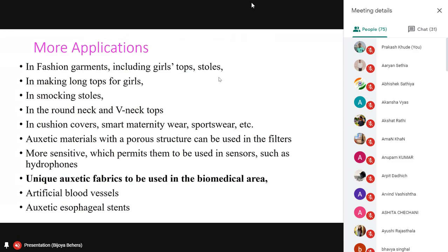There are many applications. Fashion garments, long tops, girls' stoles, round neck, V-neck tops, many applications are shown. More applications, very advanced, are auxetic fabrics used in biomedical areas, artificial blood vessels and esophagus stents.